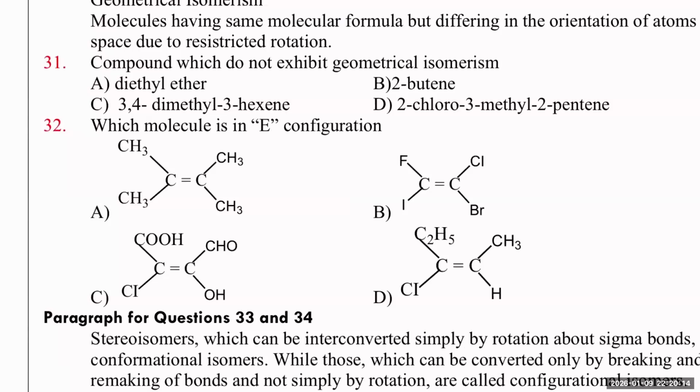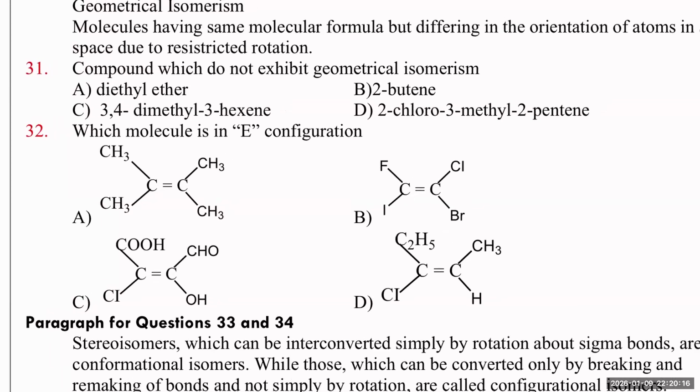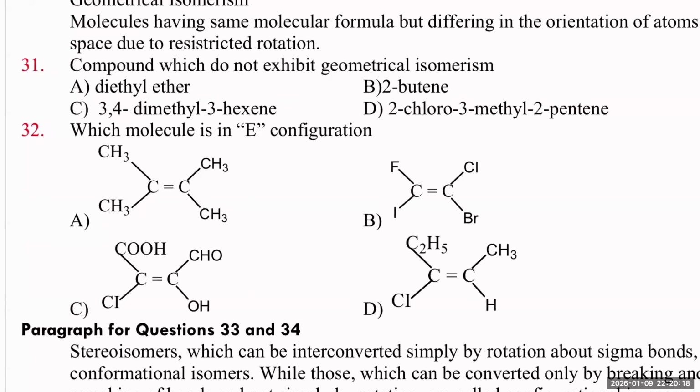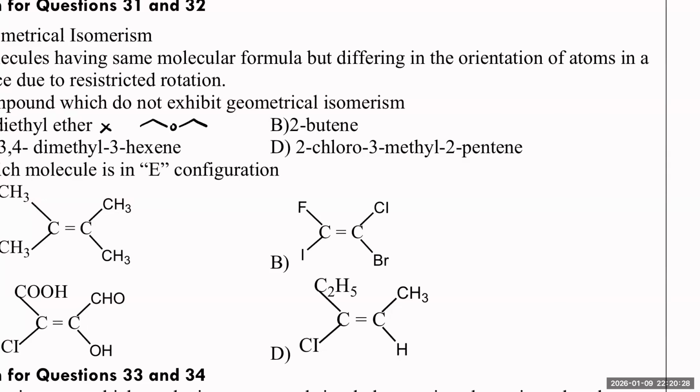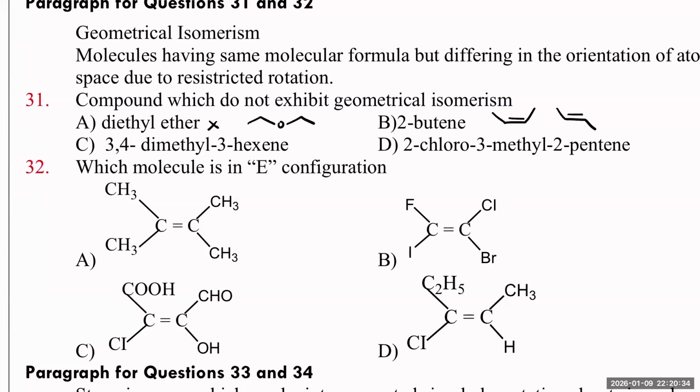Next. Compounds which do not exhibit geometrical isomerism. See, diethyl ether. So if you have ether, there is no geometrical isomerism. Correct. A does not show any geometrical isomerism. Next, 2-butene. Yes, it can show cis and trans. Next, 3,4-dimethyl-3-hexene.